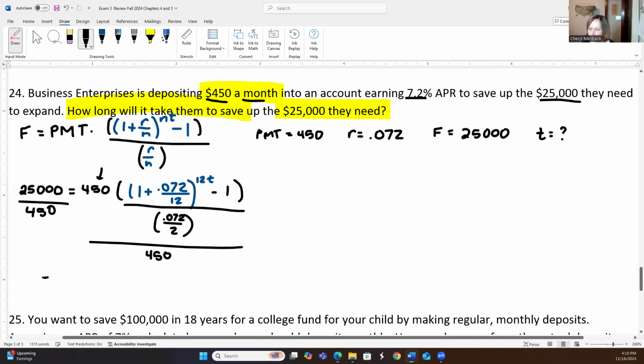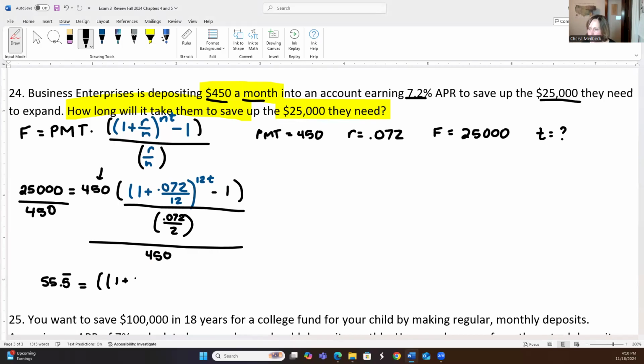So that'll look like 55.5 repeating, and that's going to equal this remaining part here, which is 1 plus 0.072 divided by 12, to the 12t, and that's minus 1. That's all in the numerator. And in the denominator, we have the 0.072 divided by 12.